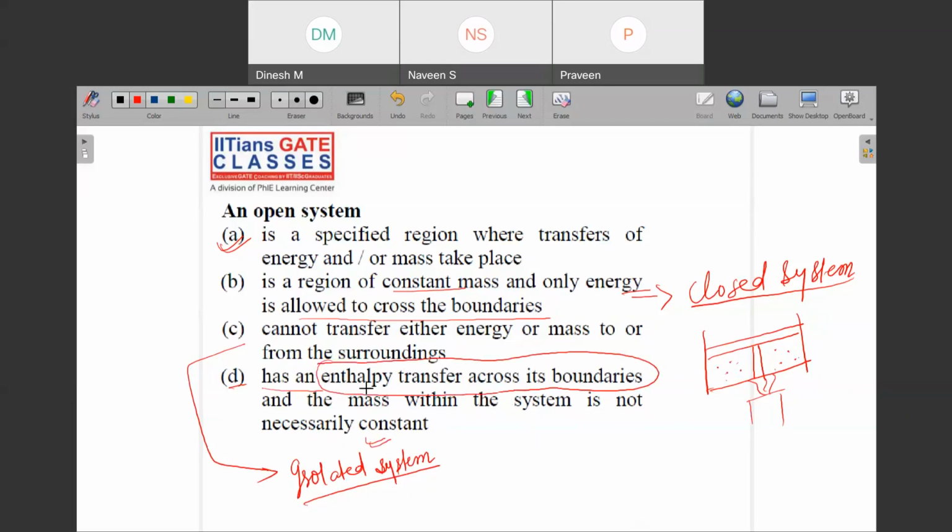Why? Because this is talking about only a certain thing, but here all the things are generalized. So even though D was correct, it was not fully correct, and the better option was A. Sometimes you will face this kind of situation. A generalized case is this one, and this is one special case of this one.